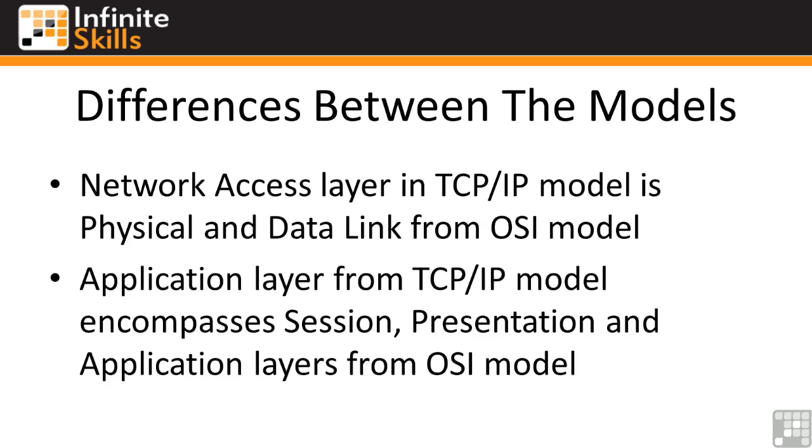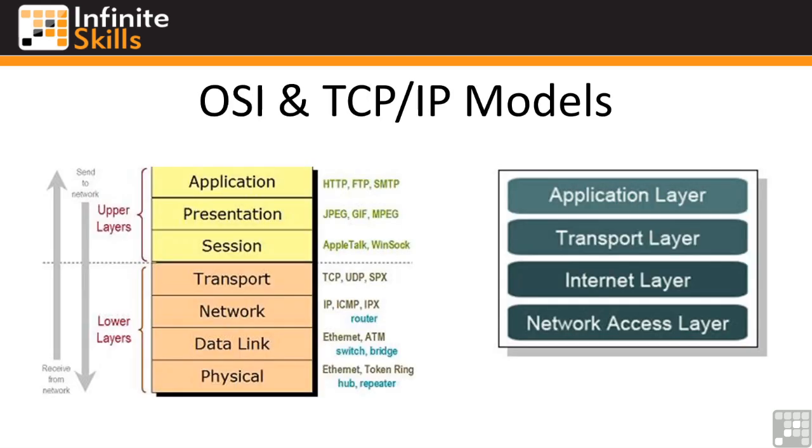Now, there are just a couple of differences between the models. In the TCP/IP model, we've got the network access layer, and that's really the same as the physical and data link layer from the OSI model. So I'm going to flip back here, and you can see on the left the data link and the physical layer at the bottom of the OSI model, and that really maps to the network access layer on the TCP/IP model.